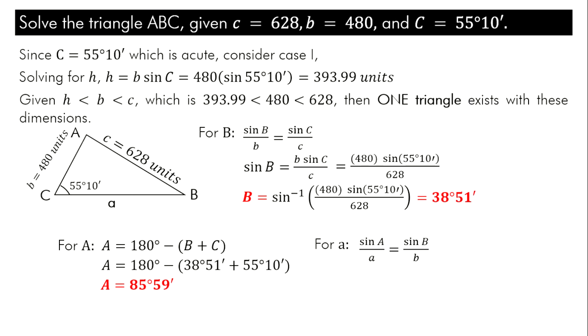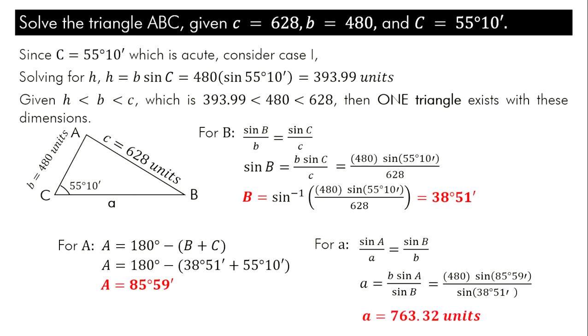So manipulating this formula in order to identify A, that is B sine A all over sine B. So substitute the given: 480 sine 85 degrees 59 minutes all over sine 38 degrees 51 minutes. The result of that is 763.32 units. So therefore, the side A here is 763.32.